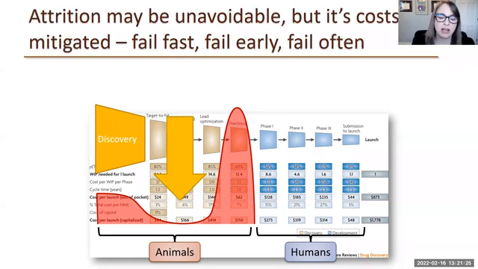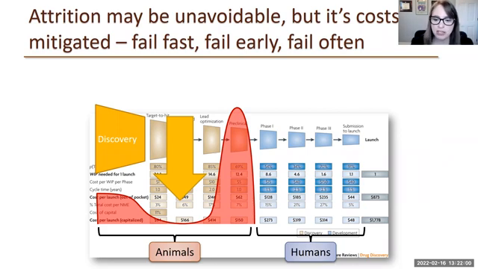But really, many have argued that you may not necessarily have to stop attrition, but you can mitigate the cost from that attrition, as well as animal welfare, as well as finances of drug discovery by failing drugs as often, early, and fast as possible. So if we could stop drugs in this stage before we get to that peak of animal use, as well as the downstream stages of taking them into human clinical trials where those vast amounts of costs are, we can really make a difference.